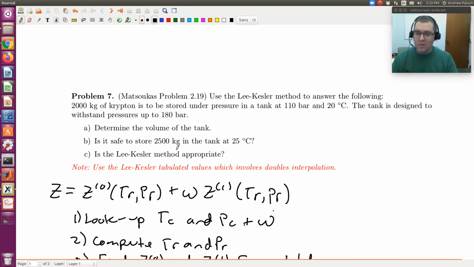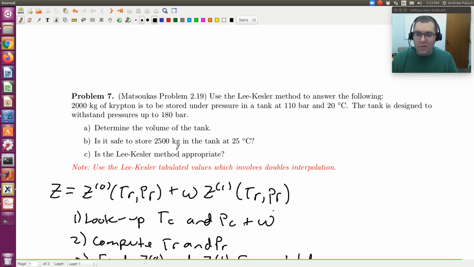Okay, so let's see if we get, and actually, oh no, I take it back. I'm going to cheat. I could do that, but that would make us iterate in the steam table, or in the Lee-Kesler tables. I'm going to put it in reverse. What I'm going to instead do is assume our system is at 180 bars at 25 degrees C, because 180 bars is the maximum pressure. Let's just repeat the exercise that we did in the last problem with the new pressure and temperature.